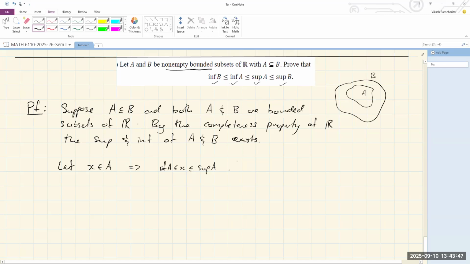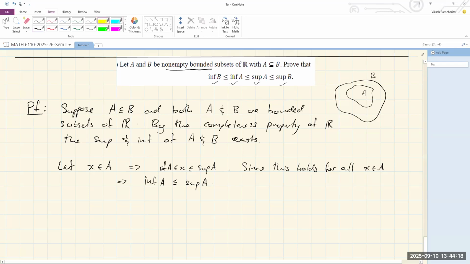And this holds for all x in A. This means that the infimum of A is always less than or equal to its supremum. Okay, so that's something that should have made sense.